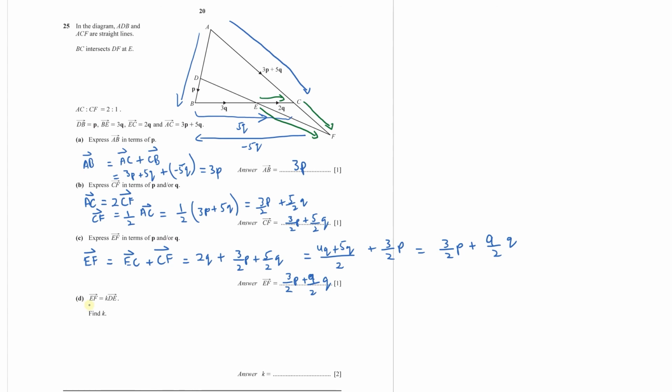Part D is EF equals K times DE. So this is DE here. EF is K times DE. Find the value of K. So I can first find this vector DE easily.